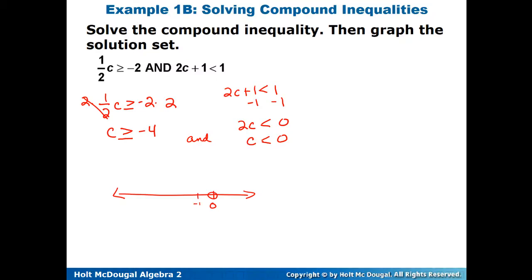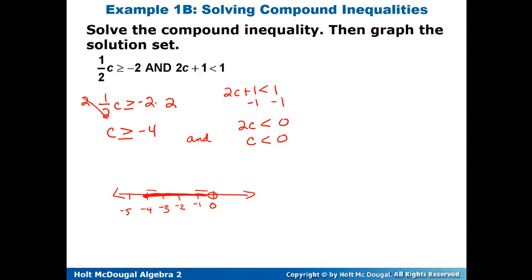Okay, and then we have -1, -2, -3, -4. We'll go ahead and put -5 in there. It says C is greater than or equal to -4, so we're going to color that in, and that is greater than, so that's going this direction. This one is going this direction, so everything in between here is a solution set to our problem.